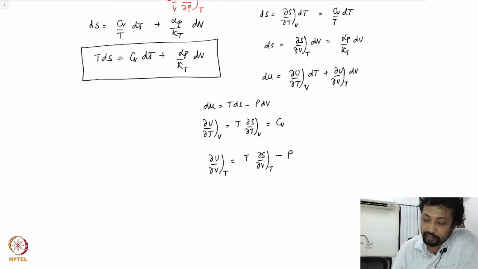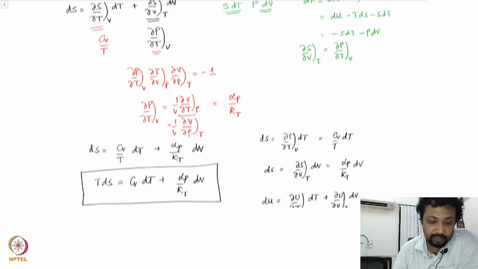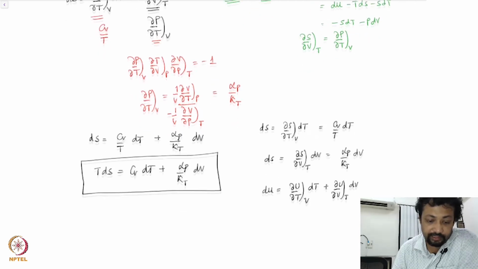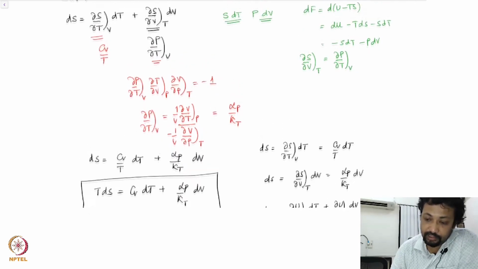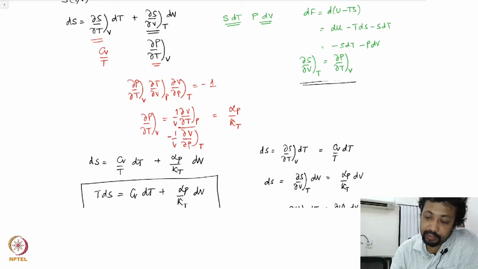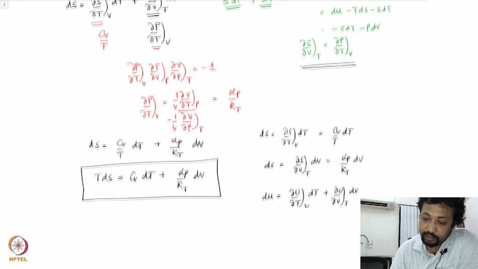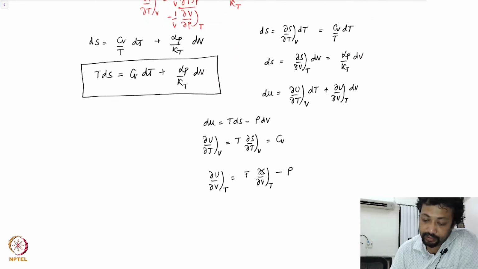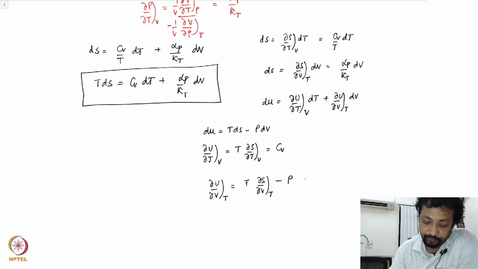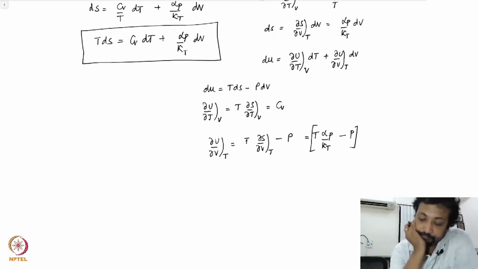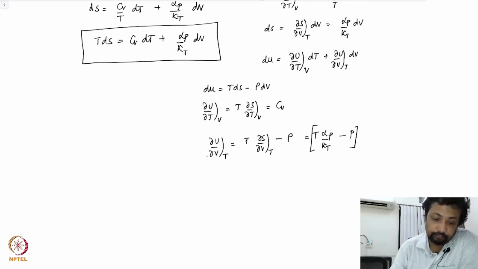But we just now calculated del S del V, right? We calculated del S del V, temperature held constant, is equal to del P del T, volume held constant, and therefore this is equal to alpha P over kappa T, T times this minus P. Right.